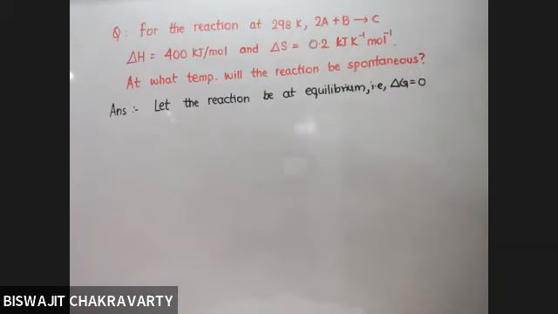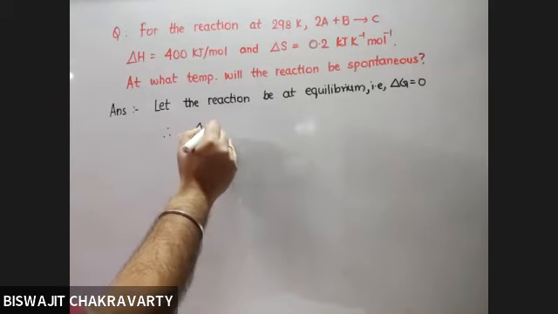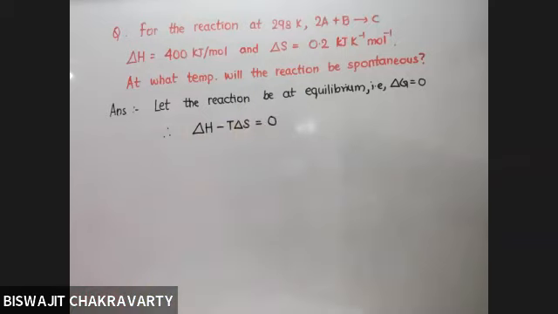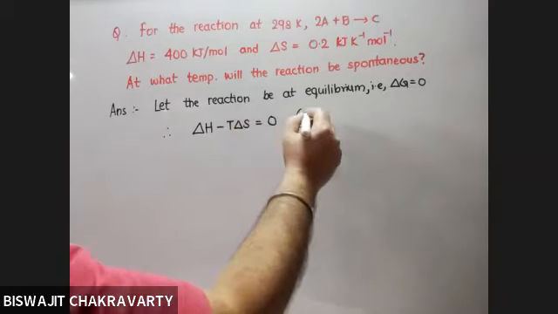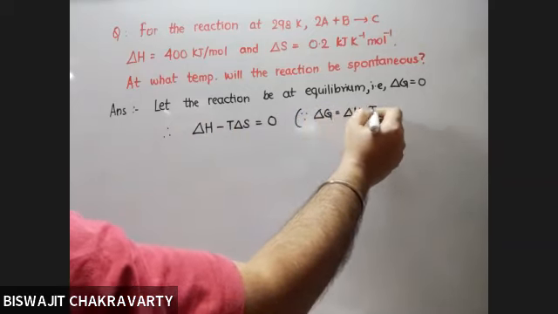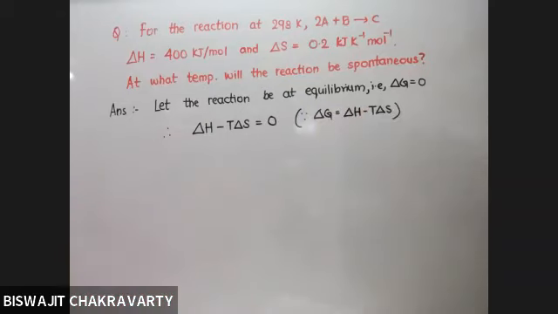So if delta G is equal to 0, can we say delta H minus T delta S is equal to 0? Yes or no? Because delta G is equal to delta H minus T delta S, or not? Yes, sir. Okay, so we are going to calculate the temperature at the borderline.